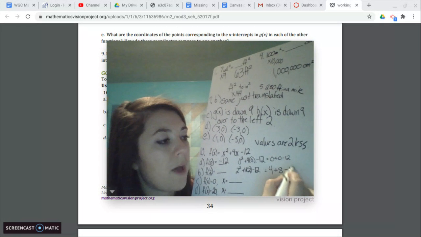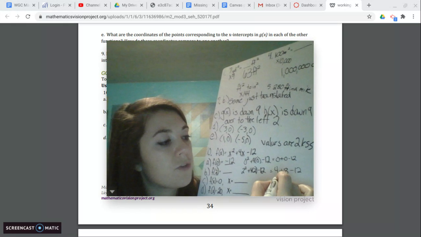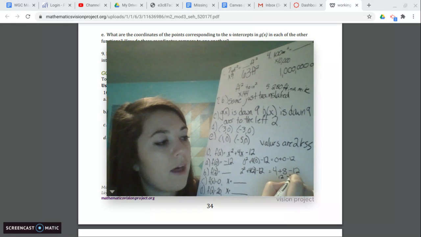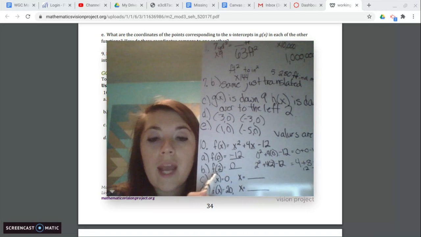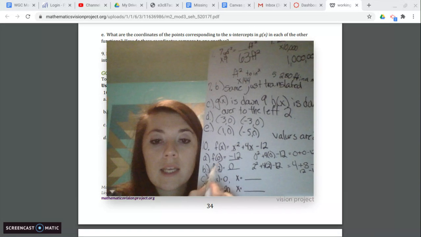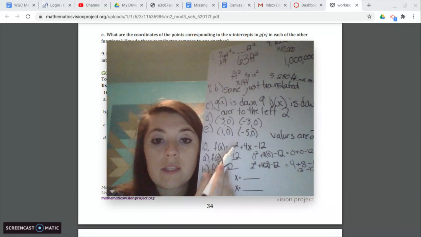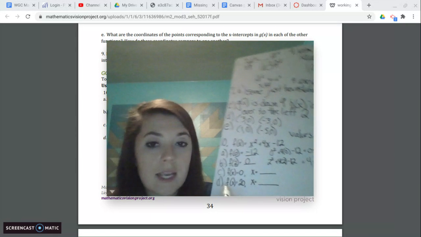And then minus 12. 4 plus 8 is 12, minus 12 equals 0. So when x is 2, our y value is 0, which means this is an x-intercept for this function here.